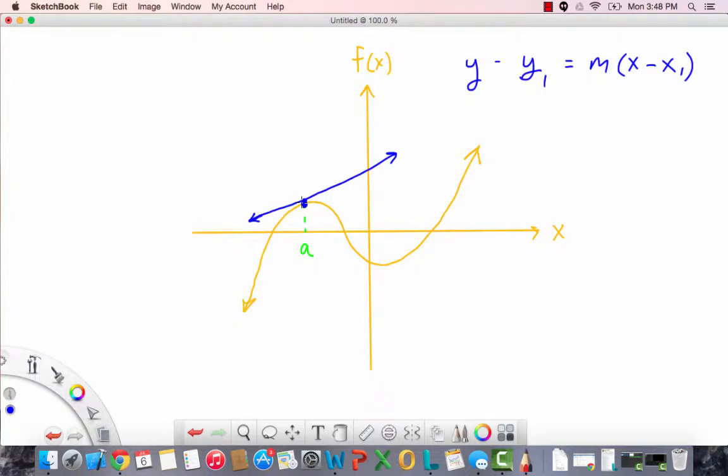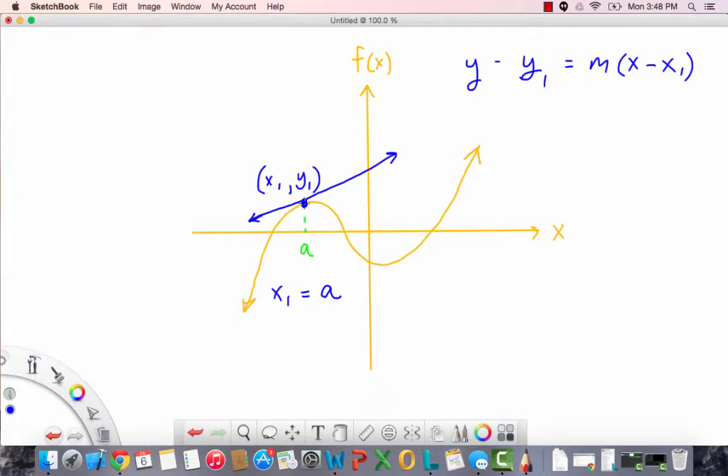In fact, we have, or can find all of it in general, because this value of A is going to be our x1 point. So let's say this is x1, y1. In other words, x1, the x value of this point, is A. Now what is the y value?